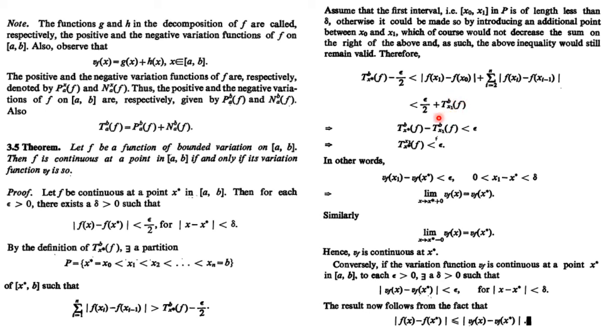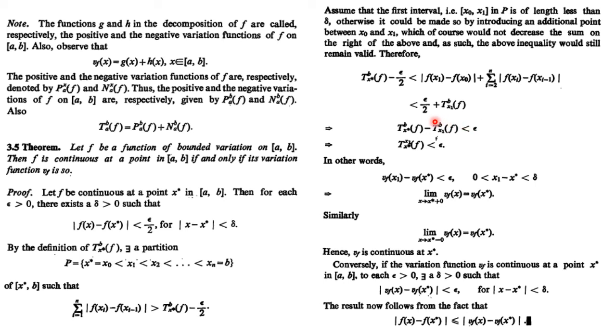Now you can take this term to this side and epsilon by 2 to this side. So we have the total variation of the function from x star to b minus that from x1 to b, and this difference is less than epsilon.